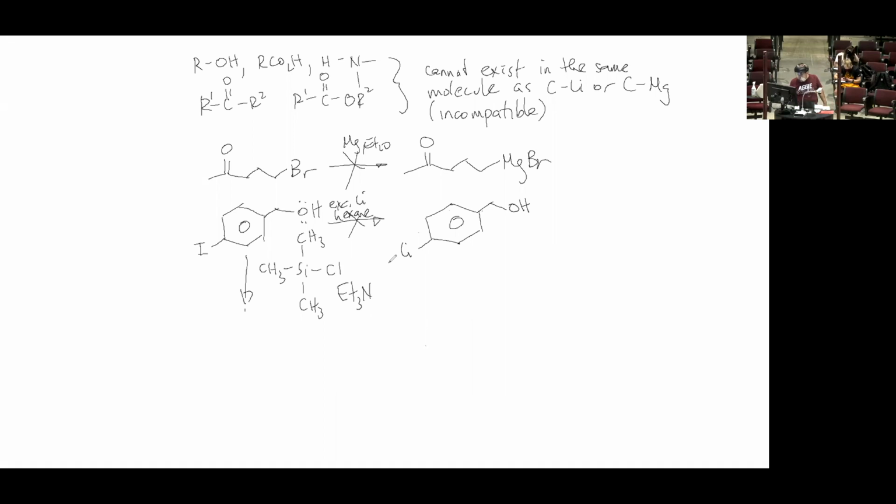We also, in addition, are going to need some base. Pyridine is fine. Triethylamine is fine, because I think you can see we're going to get the equivalent of HCl, because the proton and the oxygen and the chlorine on the silyl chloride are going to come together and make HCl. So we need some base to mop that up for us.